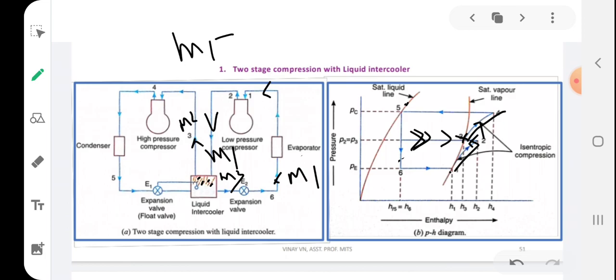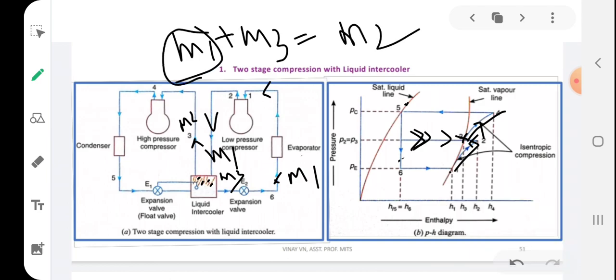So m1 plus m3 equals m2. m1 is the amount of refrigerant passing through the low pressure compressor. This mass passing through the low pressure compressor is joined with the evaporated liquid from the liquid intercooler. Let that mass be m3. So m1 plus m3 will be m2.